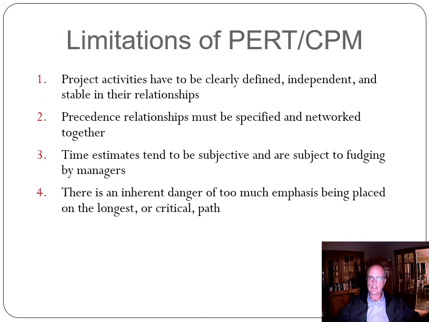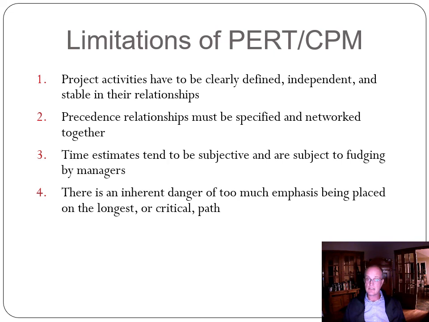And just limitations are that you have to be able to clearly define project activities and that they are separable from other activities in the project, so that you can explicitly diagram those networks. Precedence relationships must be specified and networked together, so they have to be definitive and clear.